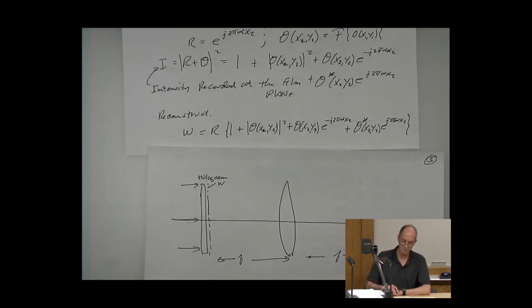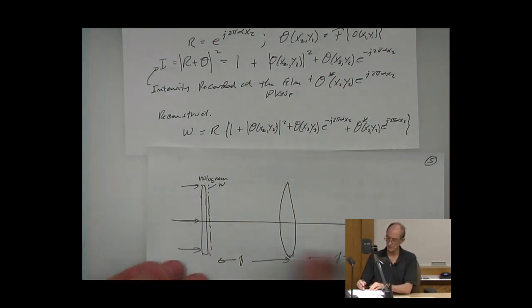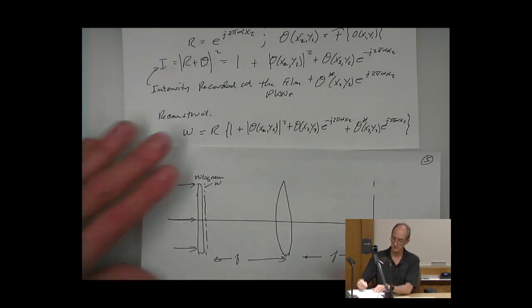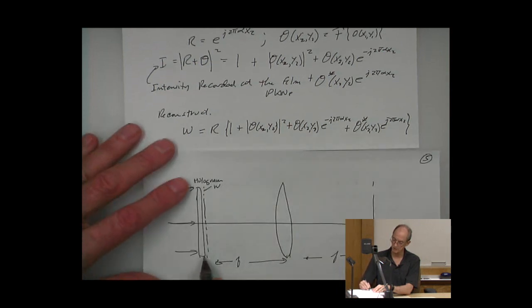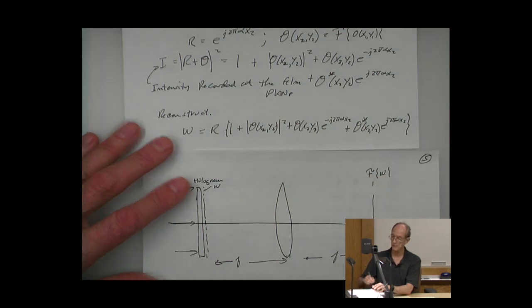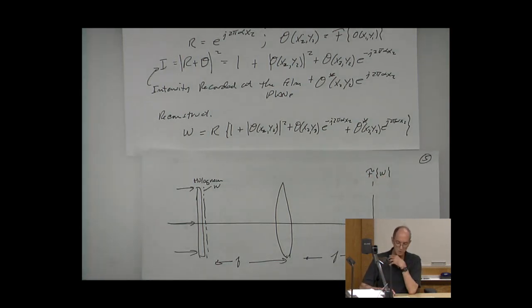And now what we're going to do here is take, again, the Fourier transform of this function W. That's what's out here. And so we're going to get the Fourier transform of W out in this plane. So what does that look like?